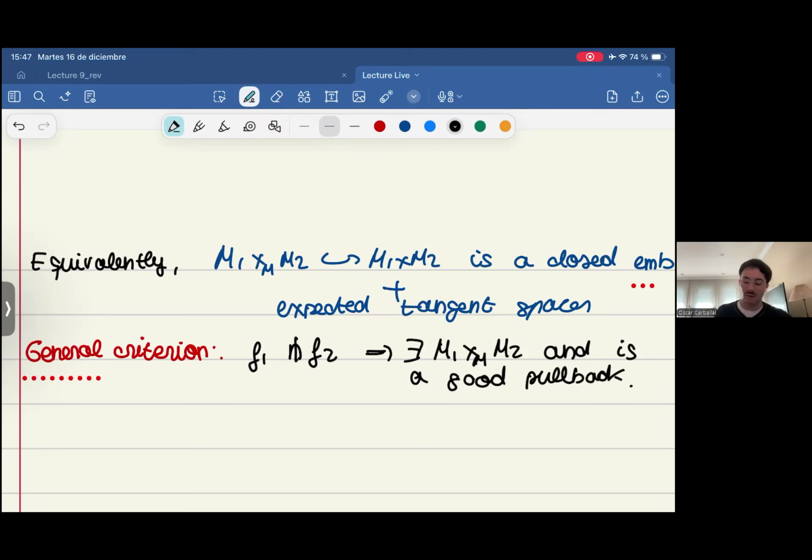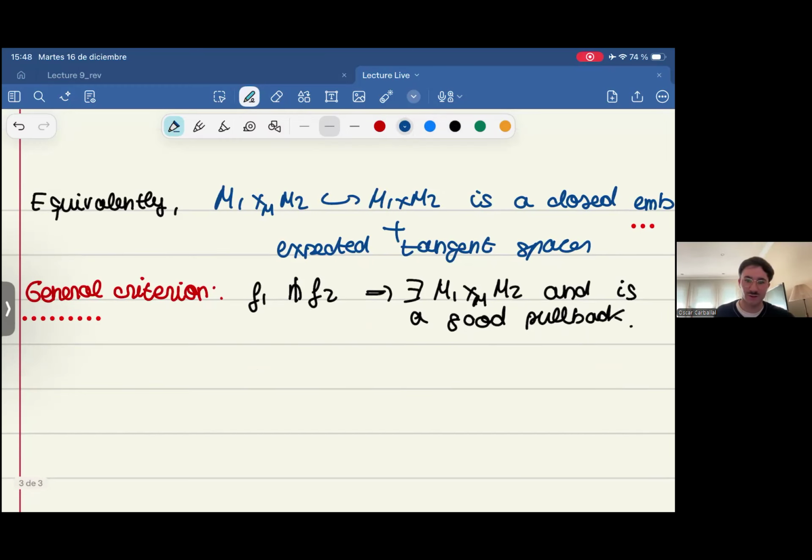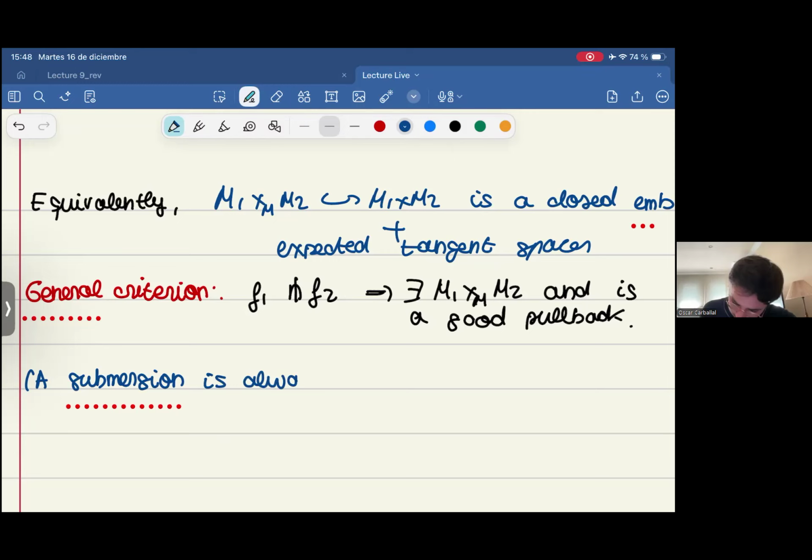Right? And as you probably know from a basic differential topology course, a surjective submersion is always transverse to any other map.